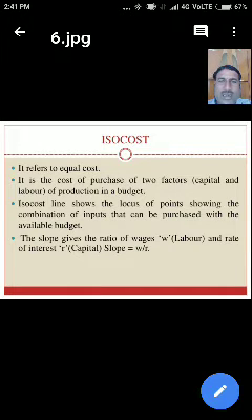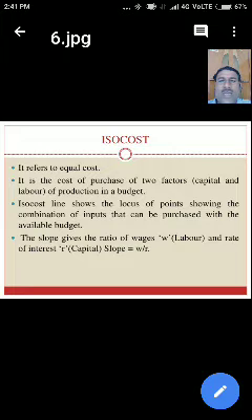Within the budget, how many labor units and how many capital units you can use for the production process is what the isocost line says, within limited capital or limited investment.